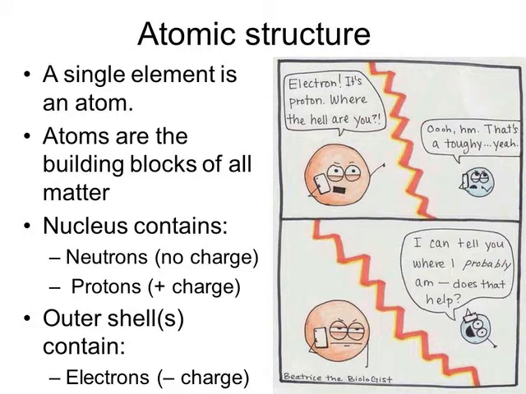Really, what happens is they kind of just float around in this area around the nucleus, and the electron can be anywhere, as depicted by this comic strip right here. They don't just circle around the nucleus in a nice orbit. They can be anywhere within that surrounding area of the nucleus, which kind of makes it difficult to map them out. But for demonstration purposes, we'll just show them as a nice, neat orbit around the nucleus.